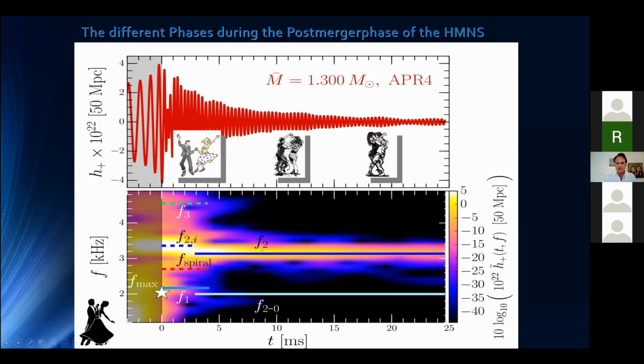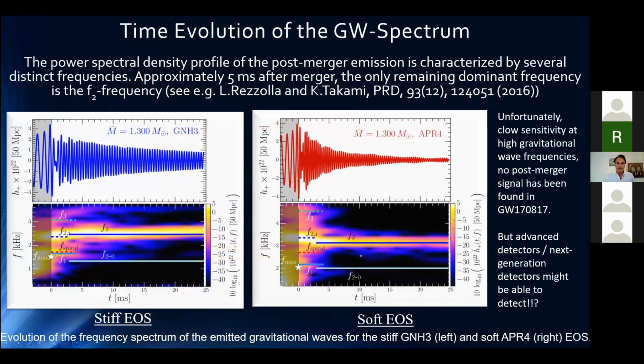But after some time, only one, the F2 frequency, remains, and this is a supramassive simulation where we do not see a collapse to a black hole. Looking at two different ones of the same total mass, where this F2 peak lies depends a lot on the equation of state, which you see here.